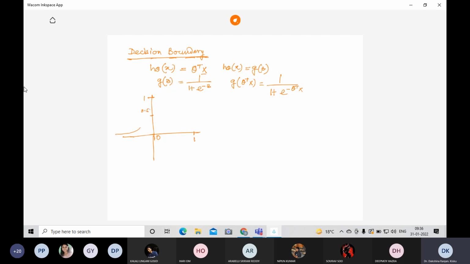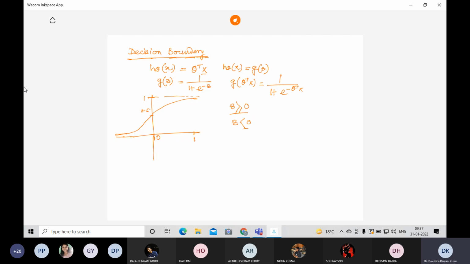The curve approaches 1 when z is greater than 0, and when z is less than 0, the curve approaches 0. So it is asymptotic to 1 when z is greater than or equal to 0, and asymptotic to 0 when z is less than 0.